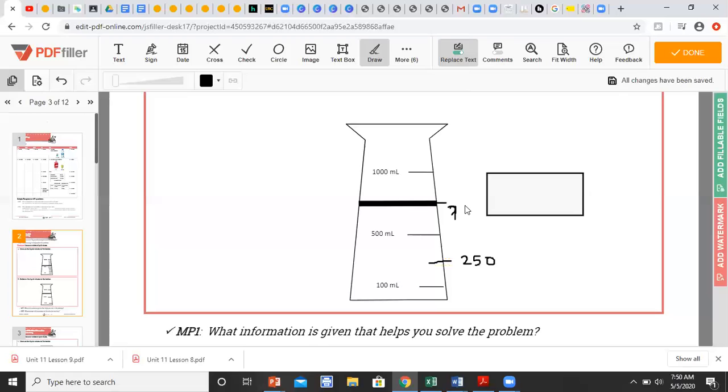And I'll show you how I got the answer in one moment. So I took the 500, and because I know that it is in between 500 and 1,000, I added 250 because it's in the middle.